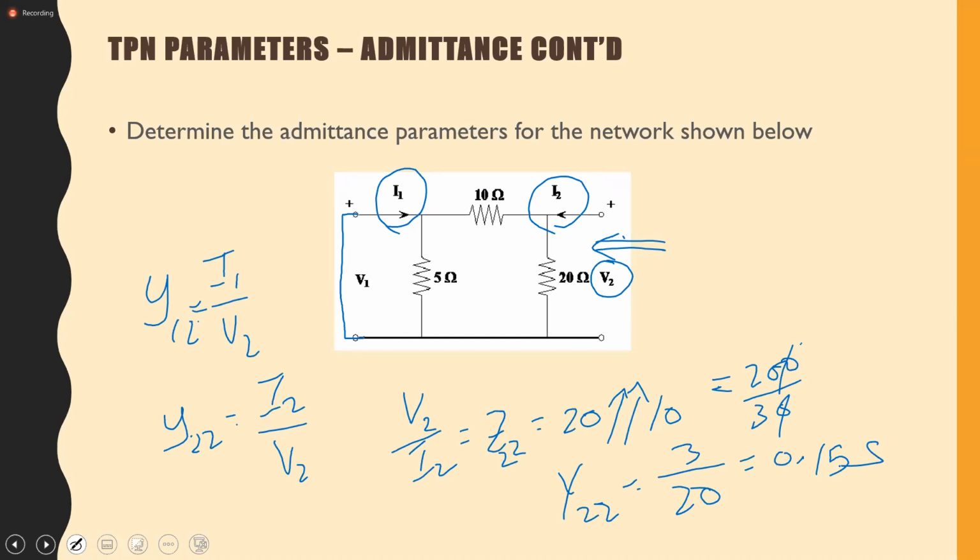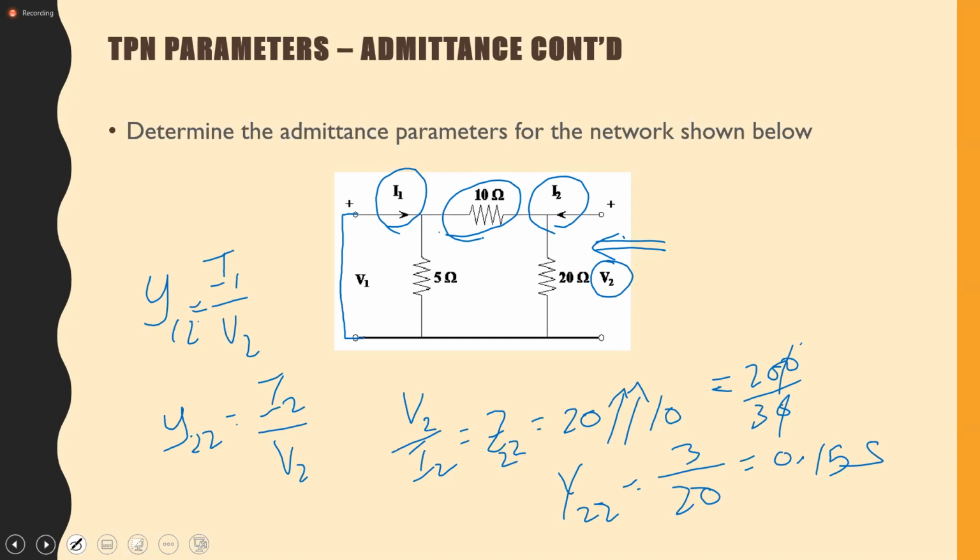Now, how about Y12? Which resistor would I1 be flowing through? Only the 10 ohm resistor. So I1 will be flowing through the 10.